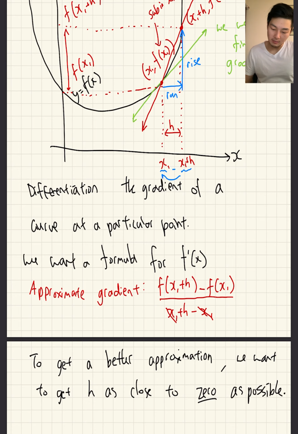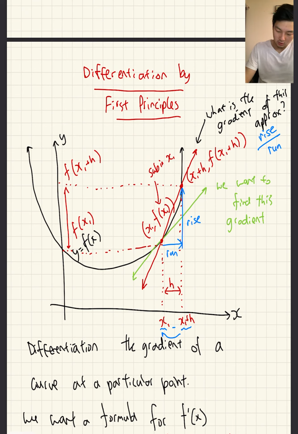We can sort of imagine how that's going to work. If I were to pick these 2 points instead, then our approximation, this blue line, is going to get even closer to the green line, which is what we wanted to see, versus the red line, which is a bit further away. So the smaller h is, or the closer h is to 0, the better our answer is.